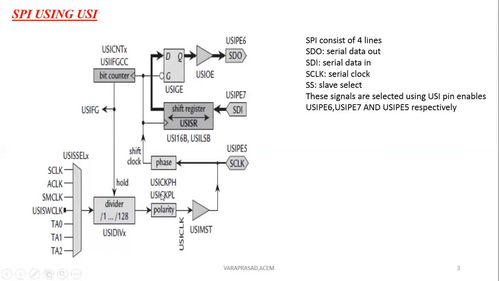Either positive or negative polarity is selected by USI MST. MST means master, because the clock is under the control of the master. So this master clock is synchronized with the S clock, because both operate at the same frequency.